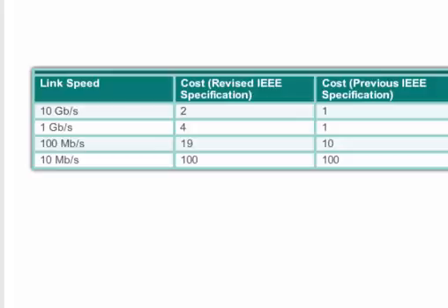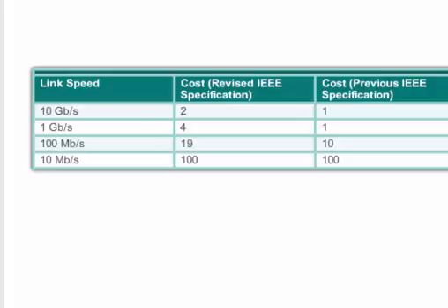The spanning tree algorithm considers both path and port cost when determining which ports to block. The path costs are calculated using port cost values associated with port speeds for each switch port along a given path.